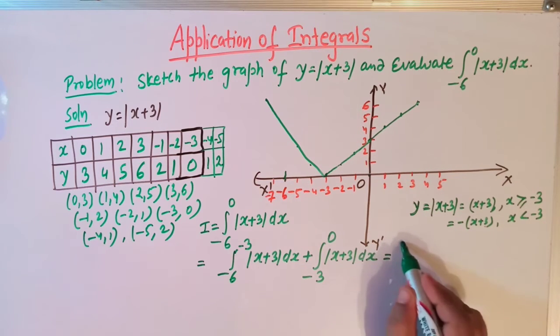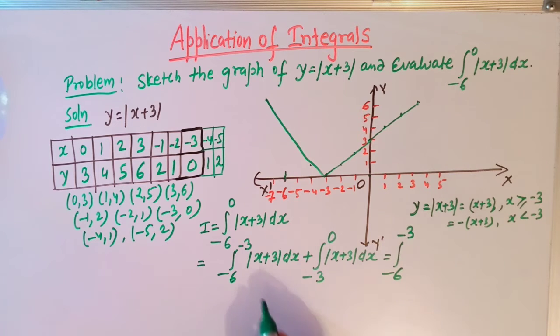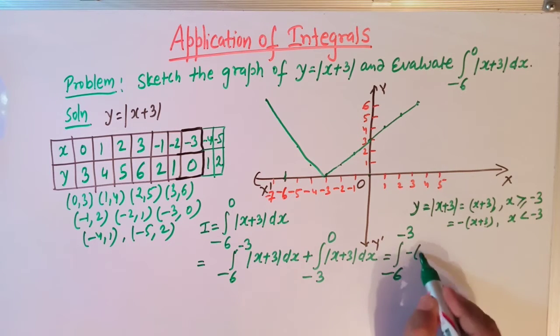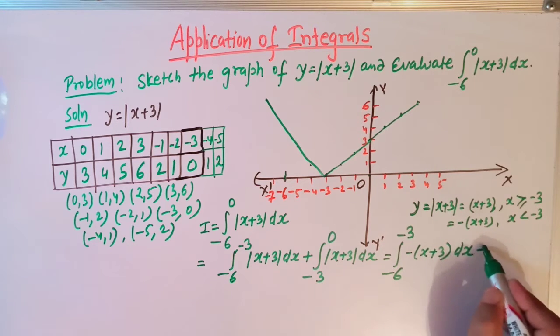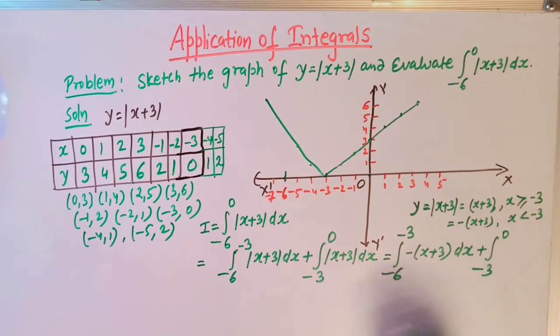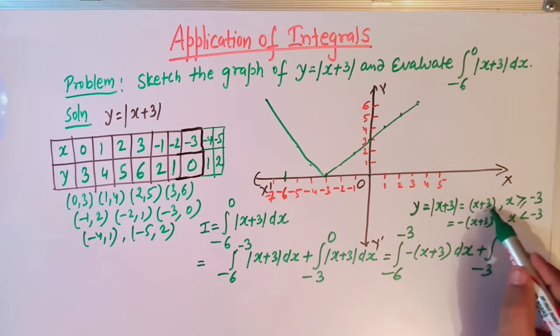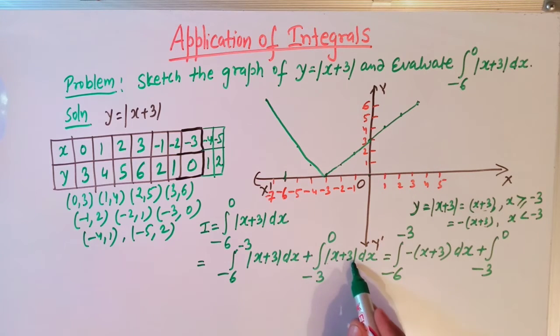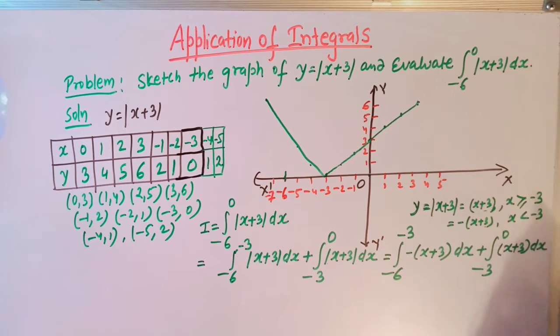So this integral becomes the integral from minus 6 to minus 3 of minus of x plus 3 dx, plus then we have minus 3 to 0. So we will now make use of this expression: mod x plus 3 is replaced by simply x plus 3, right?